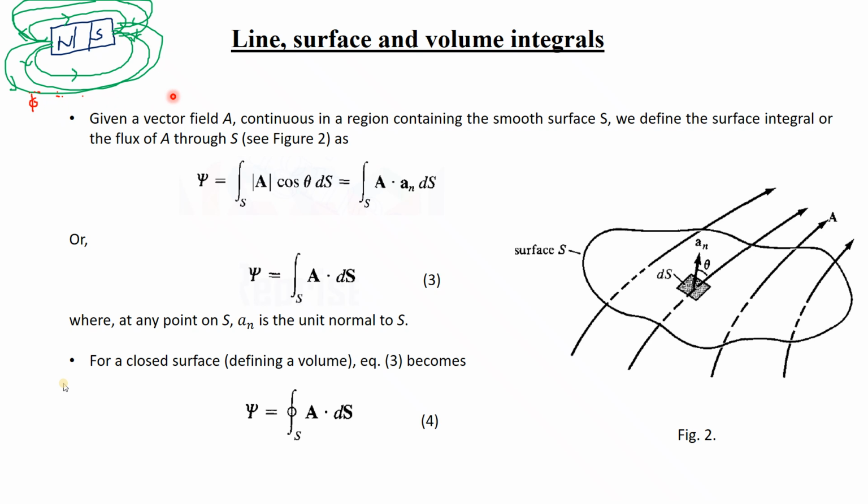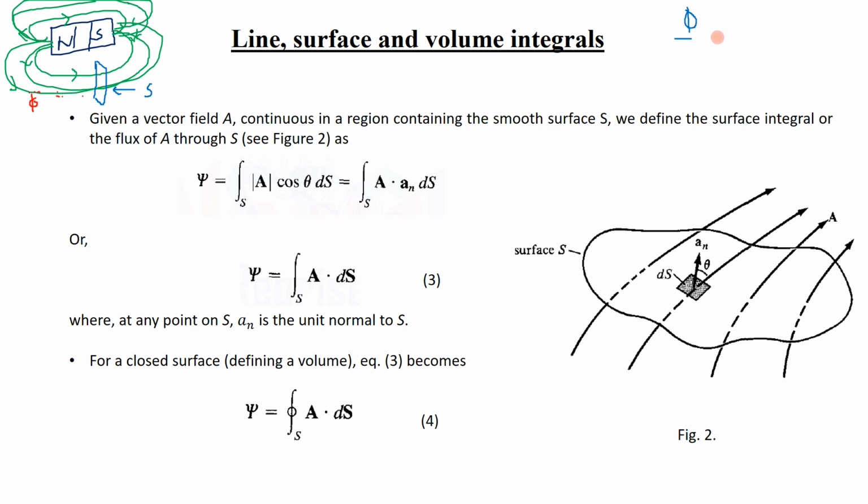So fluxes are actually flowing from North Pole to South Pole. Now, if I put an area surface like this, a sheet having an area S, the total flux phi is entering the sheet.